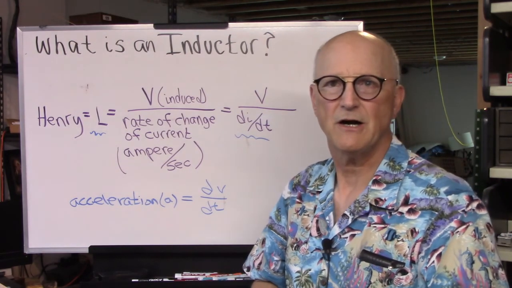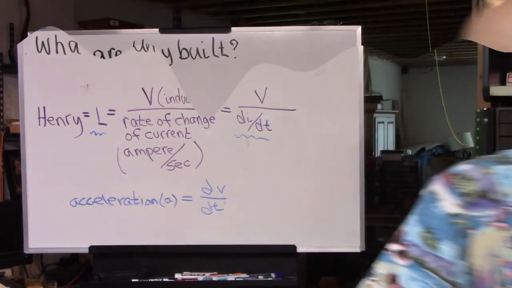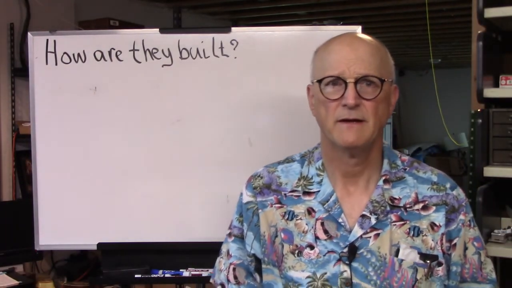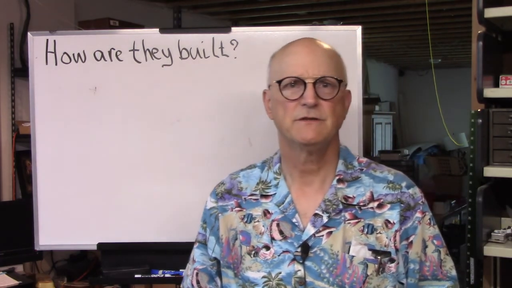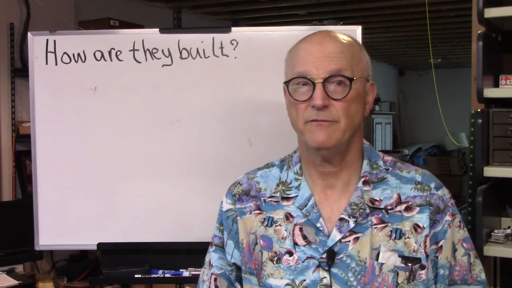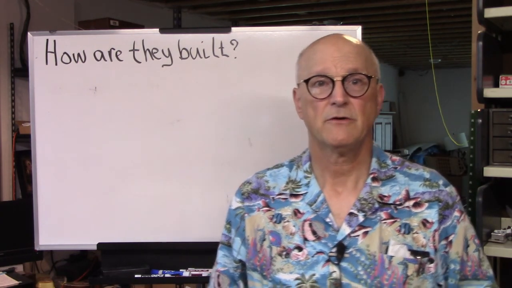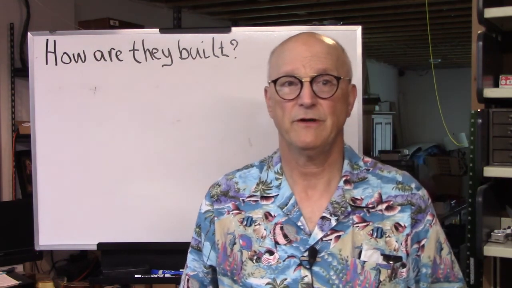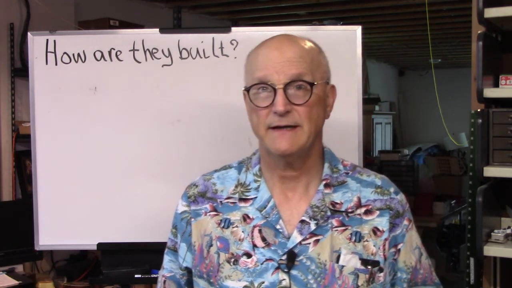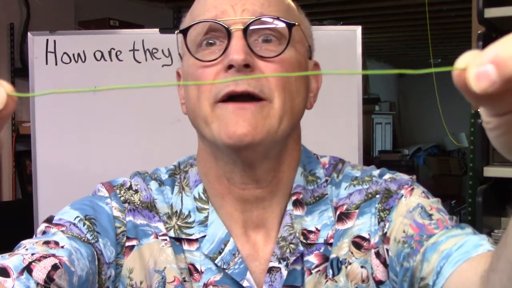Now, let's talk about how inductors are built. Because voltage is induced in any conductor by a moving magnetic field, and because every conductor creates a magnetic field around it when current flows through it, every conductor has inductance, like our friend the little wire here.